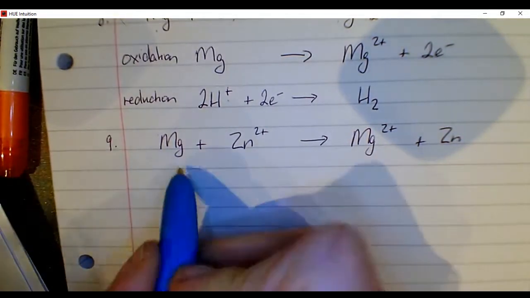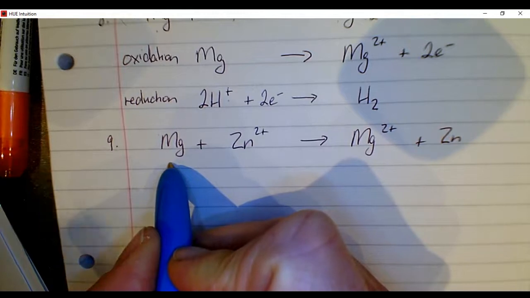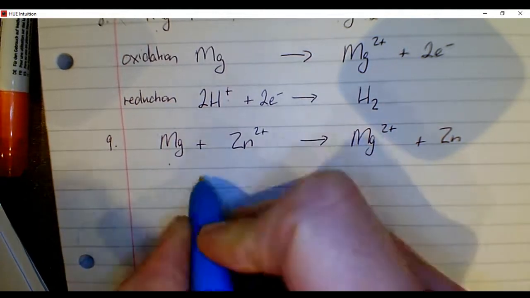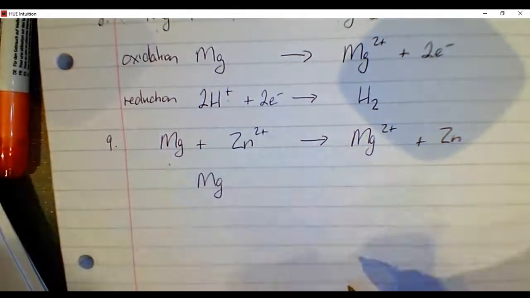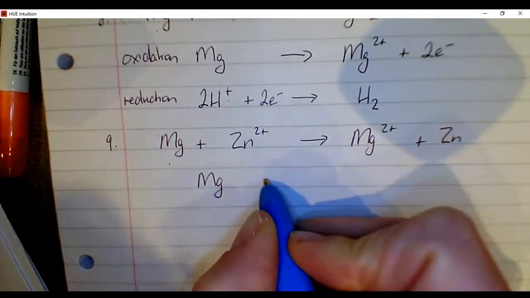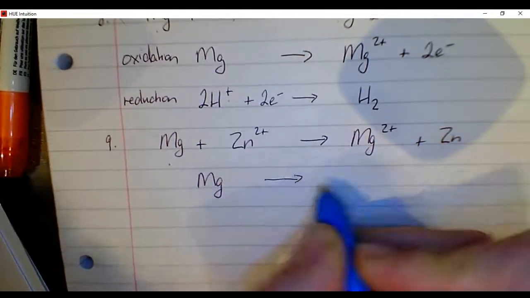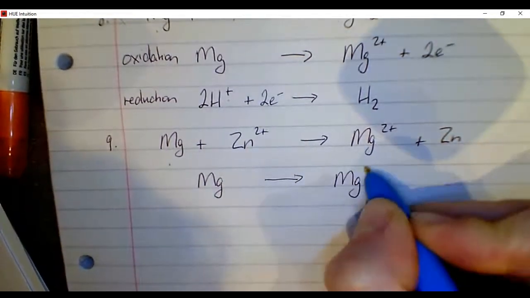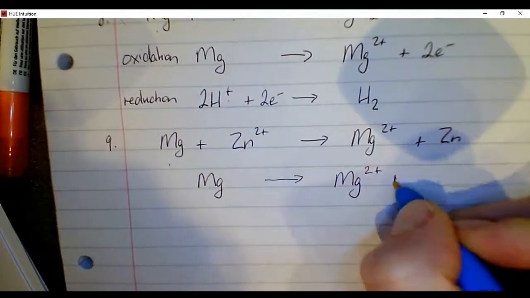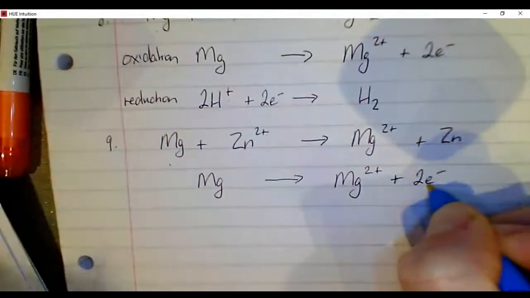So this time, this is kind of like the example in the video. We've got Mg, let's do our half equations. We just take each element in turn, giving you Mg2+, and that must have released 2 electrons.